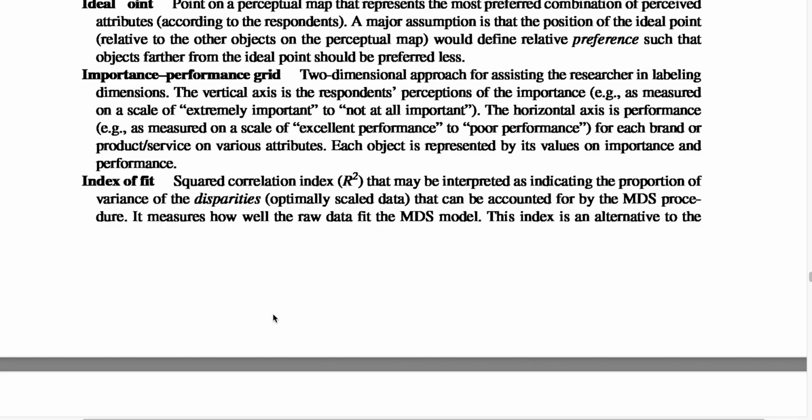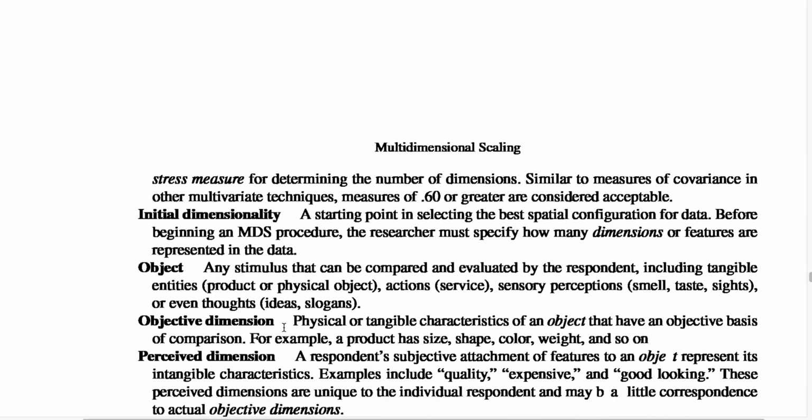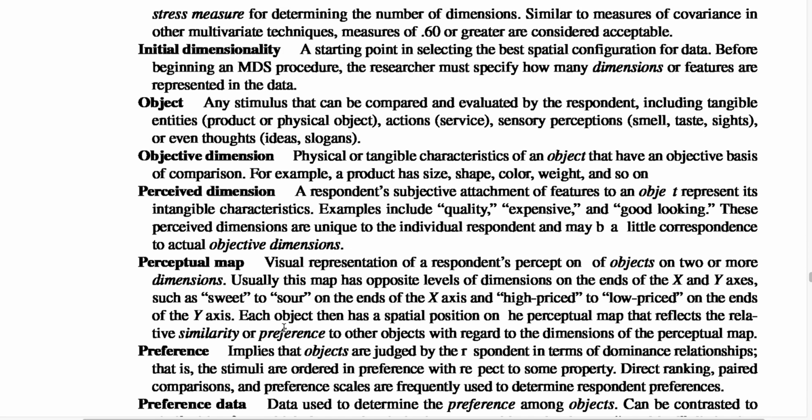It measures how well the raw data fit the multidimensional scaling model. This index is the alternative to stress measures for determining the number of dimensions, similar to the measure of covariance in other multivariate techniques. A measure of 0.60 or greater is considered acceptable.